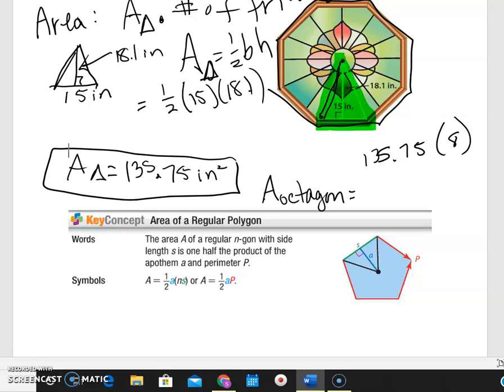And so the area of the octagon is 1,086 inches squared.